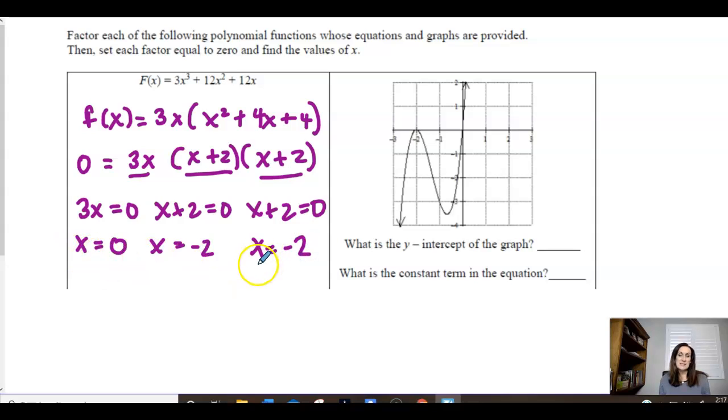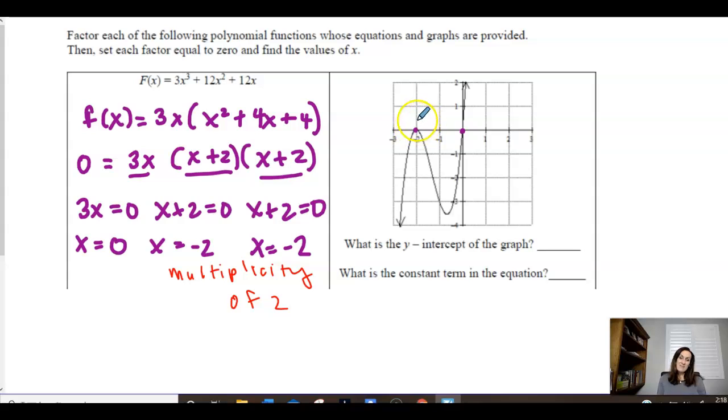Now these are called the zeros, and we see a 0 at negative 2 and a 0 here at 0. And because we get x equals negative 2 twice, we say that this has a multiplicity of 2 because we get the same answer twice, so multiplicity of 2.